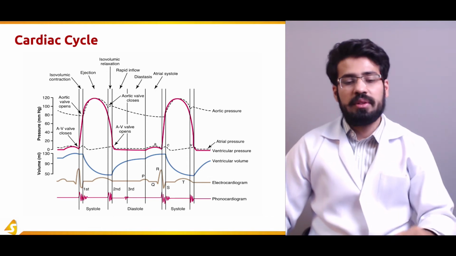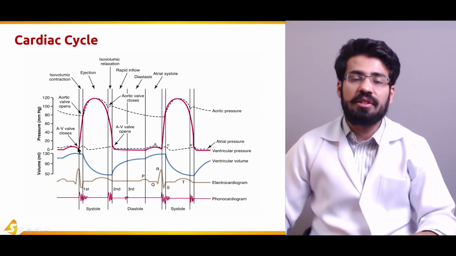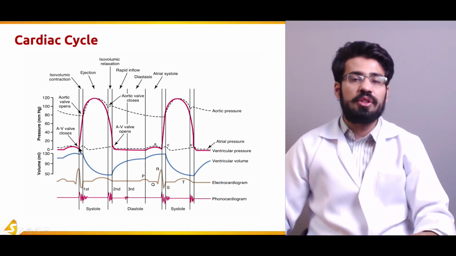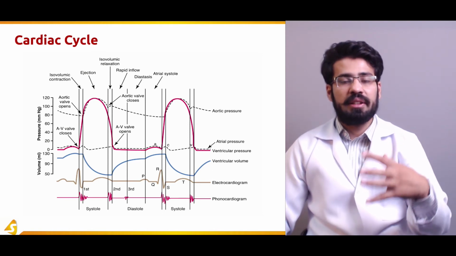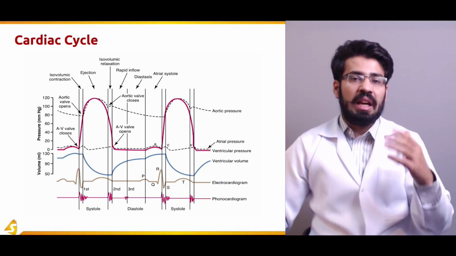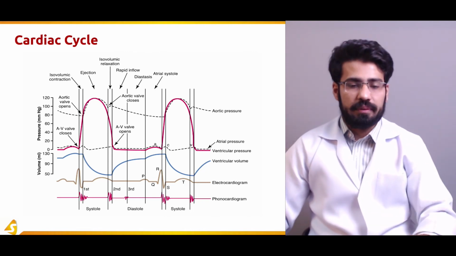Now, at the beginning of the isovolumic contraction, the AV valves are closed. They are closed because the atria have contracted and the ventricles are being filled, so that when the ventricles contract, blood does not backflow towards the atria.